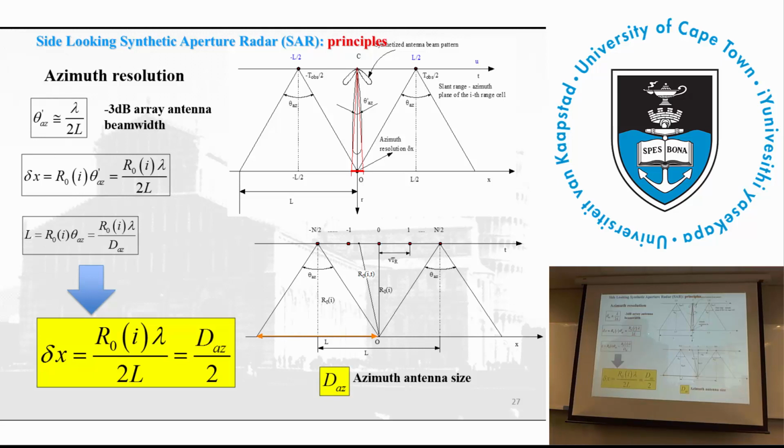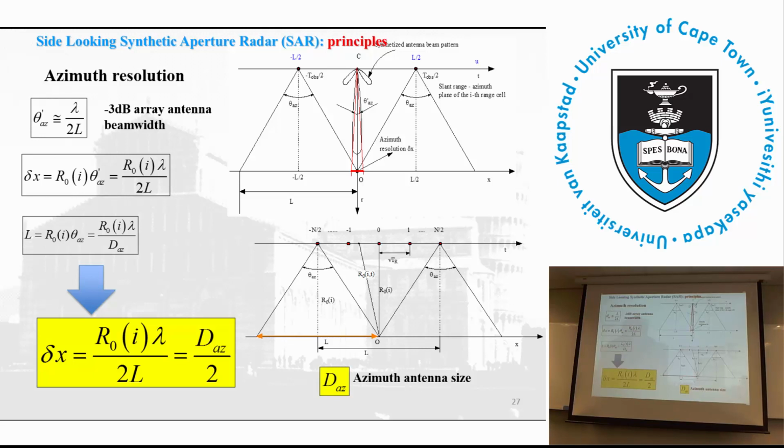We'll get there because now it's interesting. If we look at the azimuth resolution on the ground, you have to multiply this theta times this distance. If you do that, then L is actually equal to this product times this.